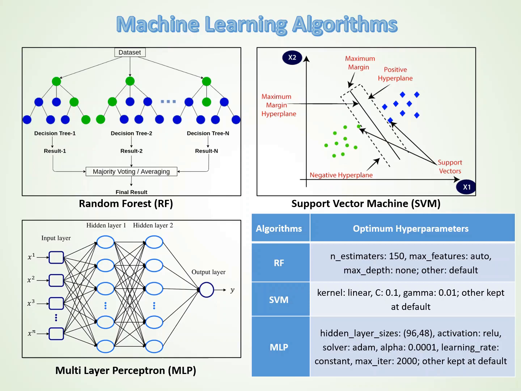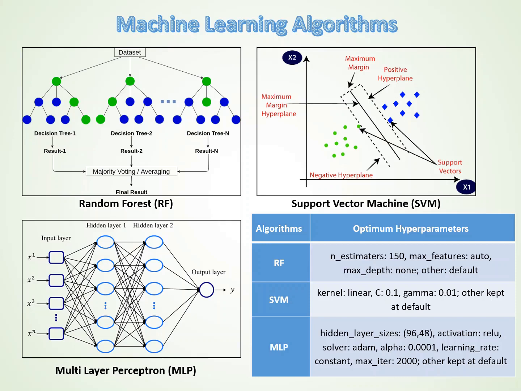The random forest is based on an ensemble learning strategy which creates multiple independent decision trees, combines their results, and takes the majority decision to make the final prediction. For support vector machine, the algorithm attempts to distinctly classify the data points by constructing a hyperplane with maximum distance between the support vectors.